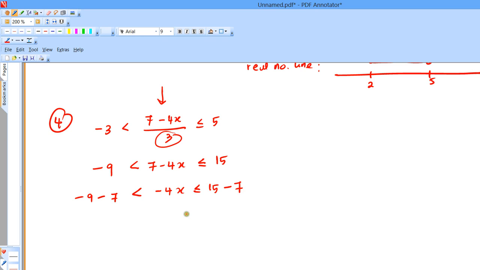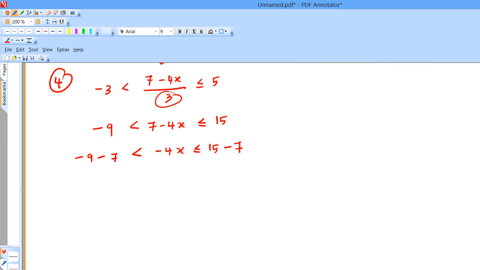So we get negative 4x less than or equal to 8 and greater than negative 16.